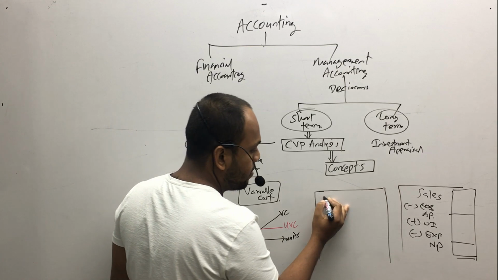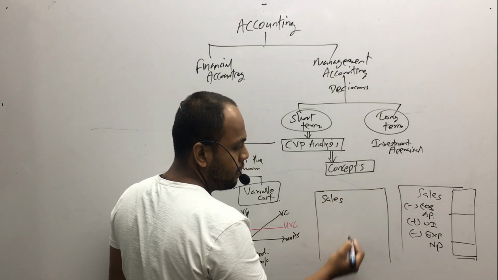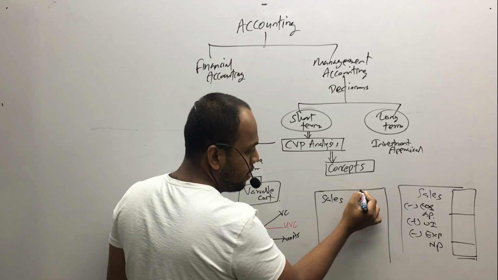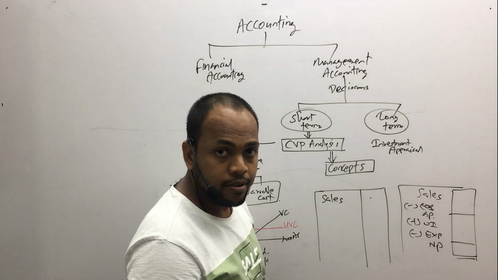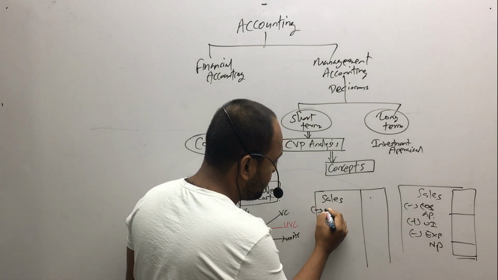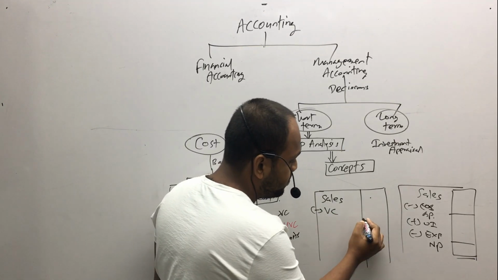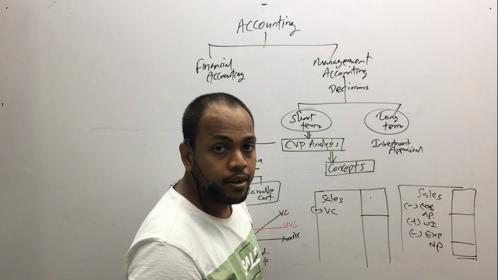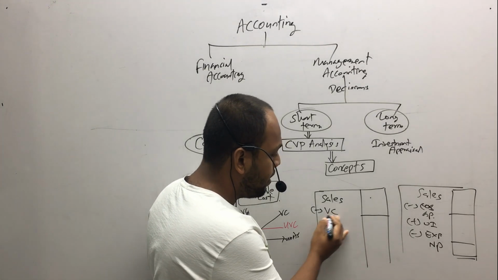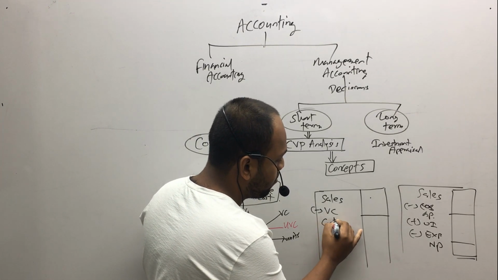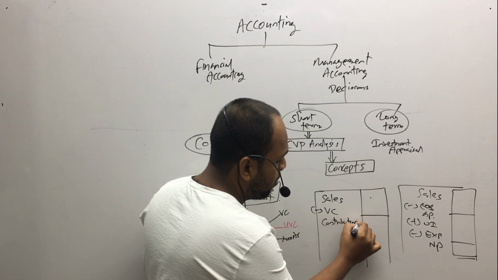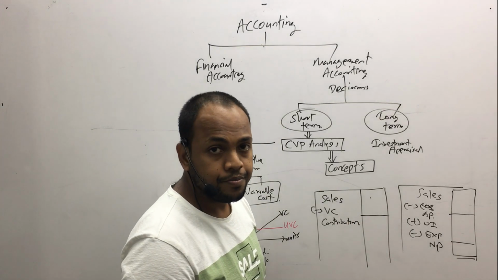So we have the sales. Sales minus variable cost. From the sales, we deduct the variable cost. Then the answer we get is called contribution.